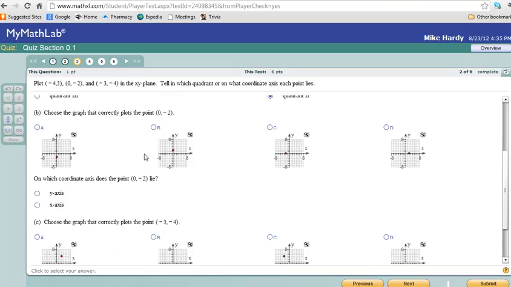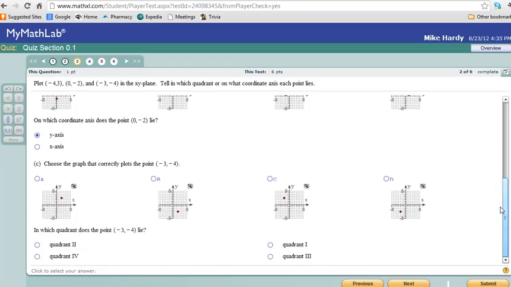Well, there is no change on the x-axis, and it's down 2. Which axis does it lie on? It lies on the y-axis. Choose the graph that correctly depicts the point -3, -4. -3, -4 is back 3 and down 4. That looks like D. And that also looks like quadrant 3.